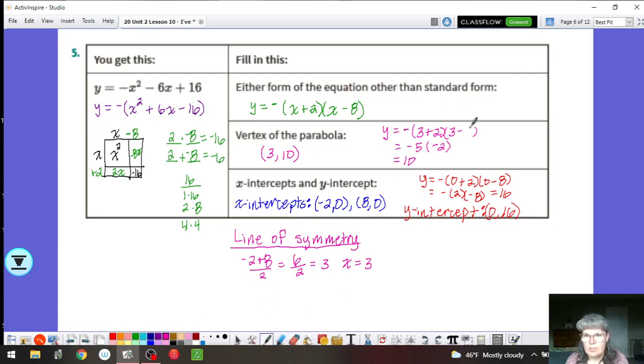So that's going to change this to -5 times -5. And that's going to give us a positive 25. So our vertex is going to be at 3, 25.